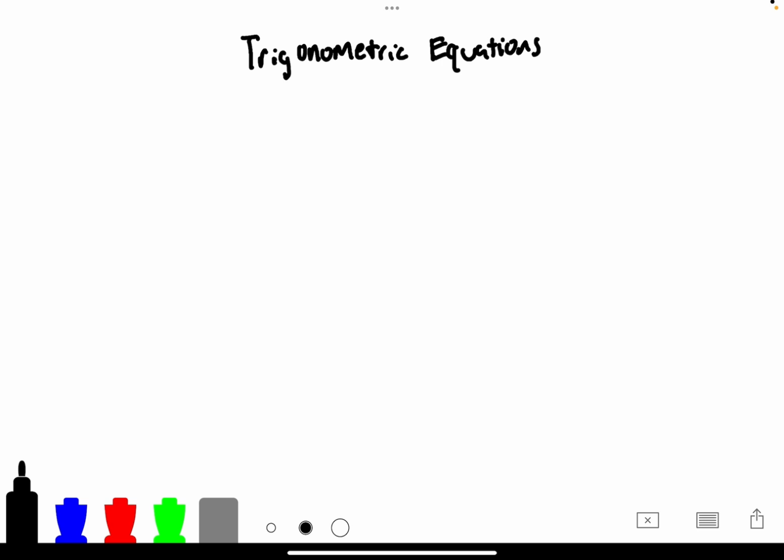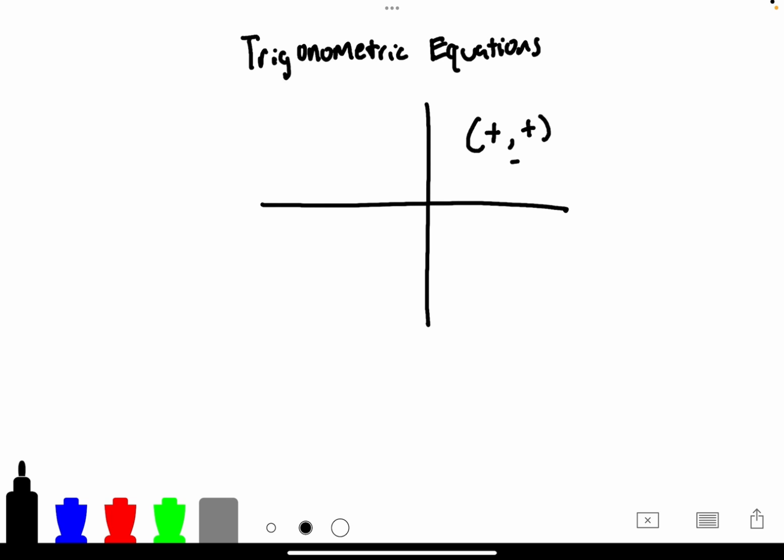First, before you even start with equations, you need to understand the different quadrants. So let's go over the quadrants and go over everything. You have positive x, positive y in the first quadrant.